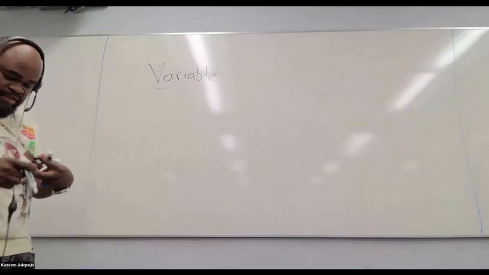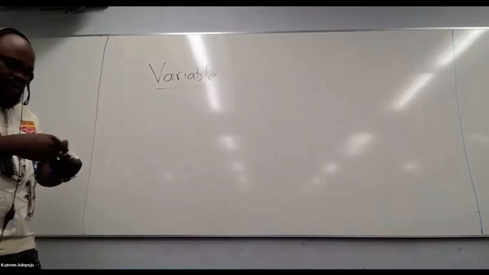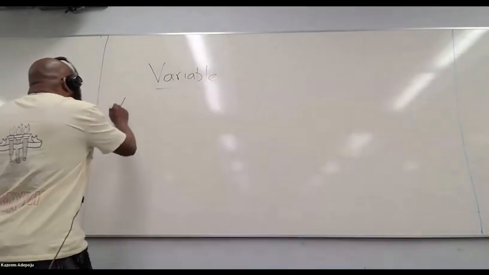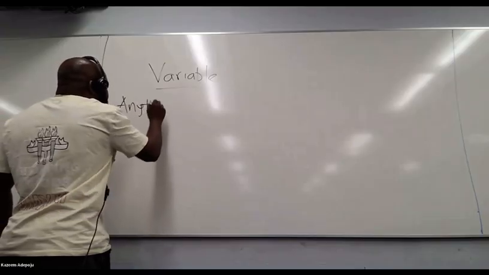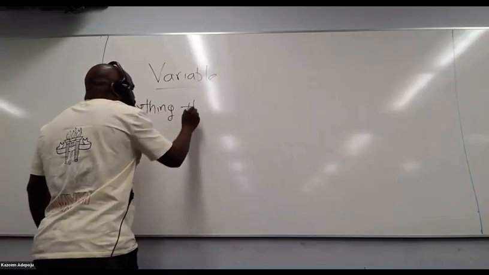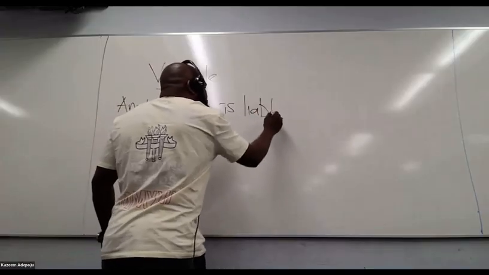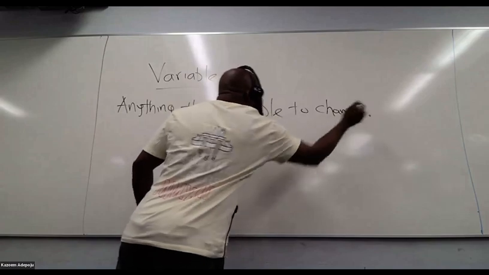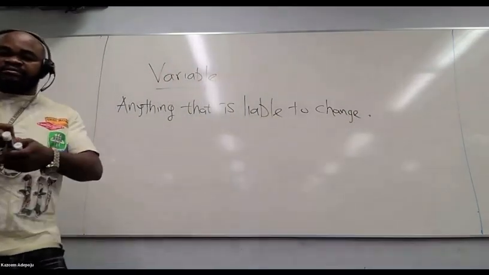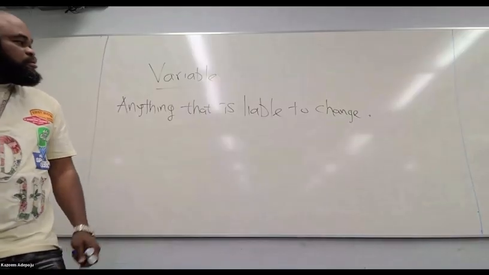Because if you understand variable, you understand what we mean by random variable. By variable, we mean anything that is liable to change. Anything that is liable to change is what we call variable.